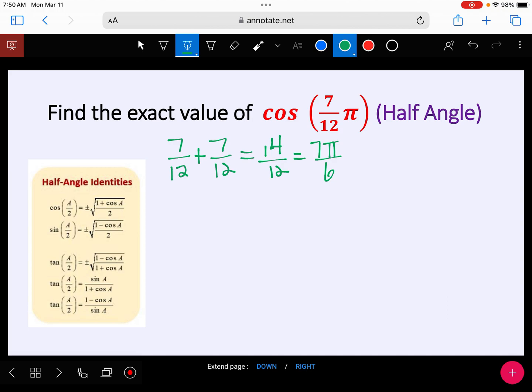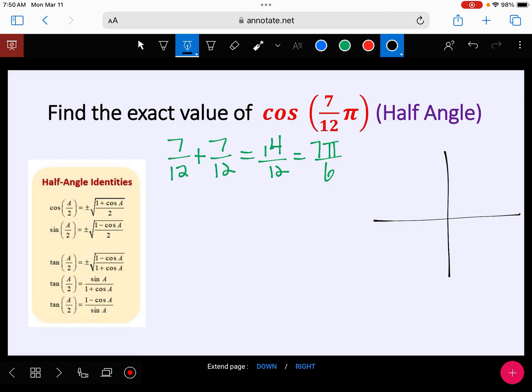So for this one, I'm using 7 pi over 6. So you take 7 over 12 times 2, really. You double it to figure out, okay, what would it be if I cut it in half? I think the hardest part about radians is, first of all, we got to figure out what quadrant this would be in.